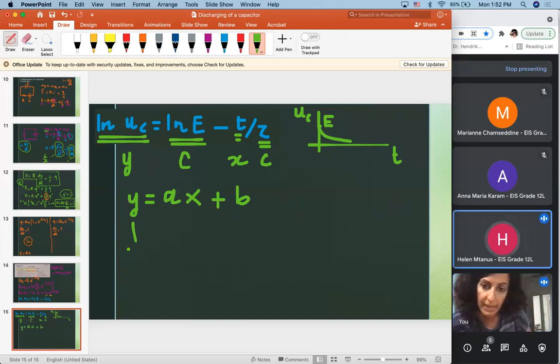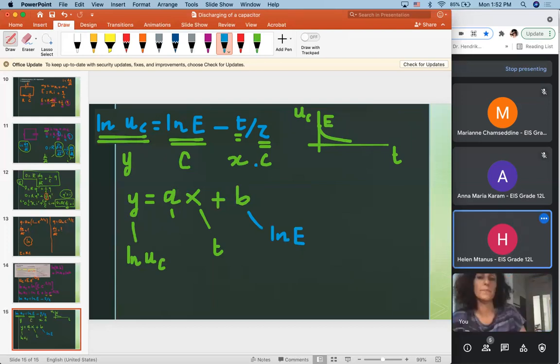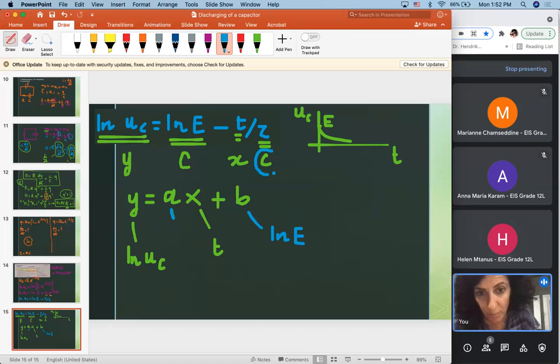This is ln UC. This is the time. What's before the time? What's with the time? Who knows? This is ln E. I want to know what is next to the time. What do you mean? Okay, so t times what? Usually the A is the slope. Yes, so this is a constant. Can you tell me what it is?